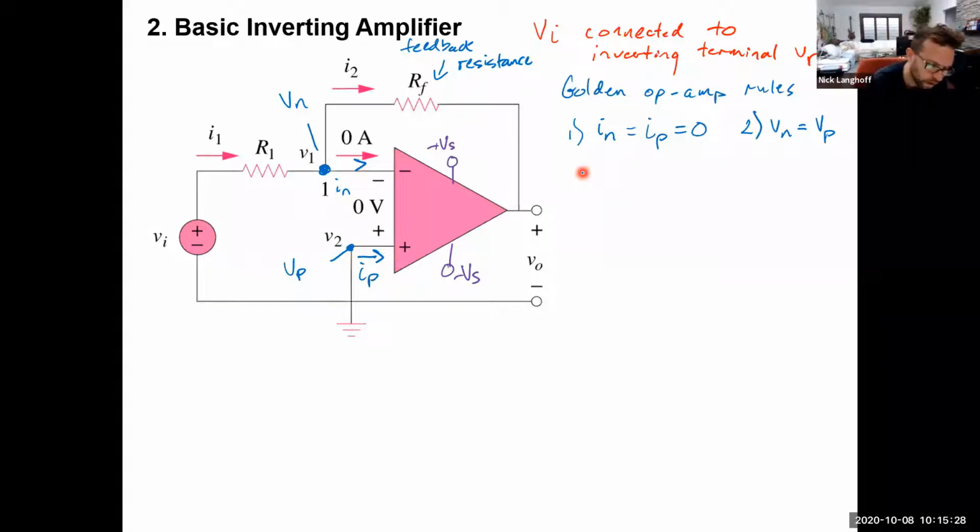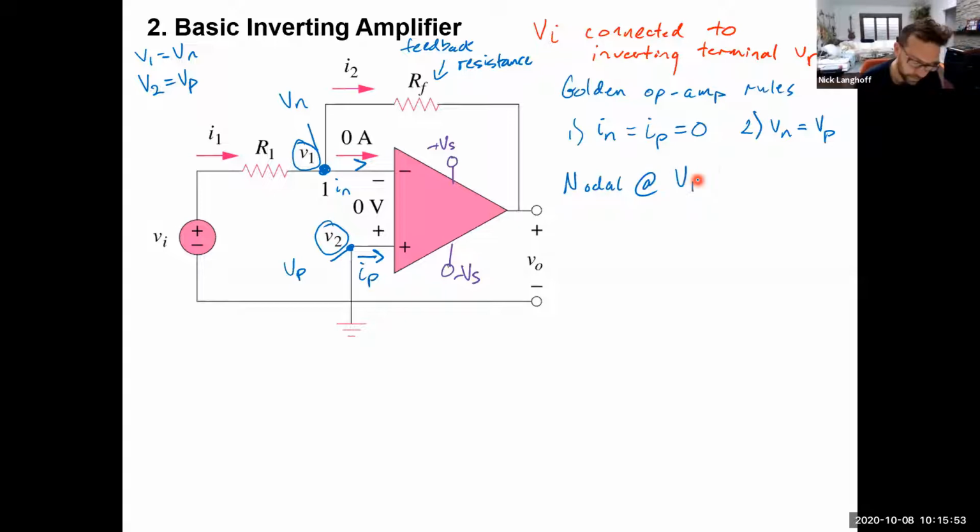V1 is shown here, V2 is shown there. Oh, I'm sorry, V1 is equal to VN and V2 is equal to VP. We're going to use the numbering system that they have here on the slide. So let's do nodal analysis at V1.